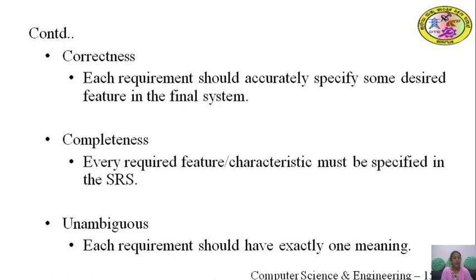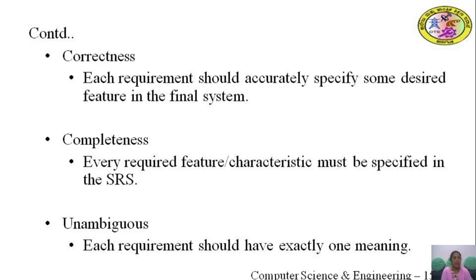Correctness. An SRS is correct if every requirement in the SRS represents something required in the final product precisely. Each requirement should precisely represent some desired feature supposed to be possessed by the software.